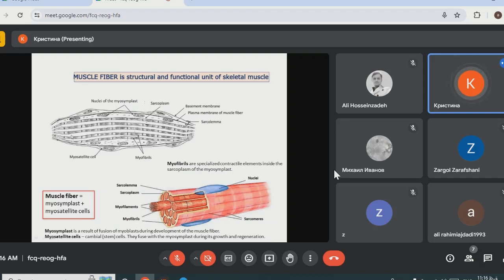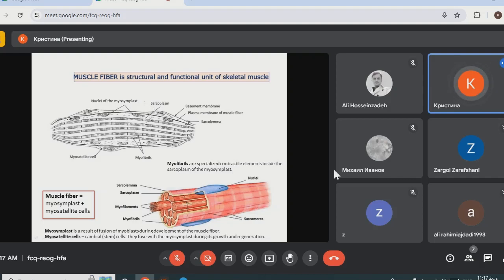So they are very long structures. They are contractile elements. The inner space of the muscle fiber is the cytoplasm, which is called here sarcoplasm. Sarco stands for muscle. It is the Greek term for muscle.